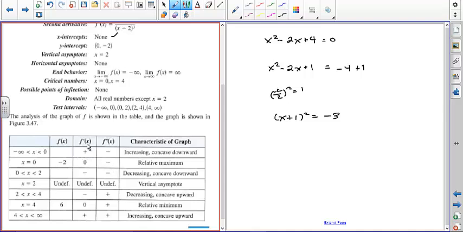Also because we go from increasing to decreasing. So both the first derivative test and the second derivative test tell us that this is a maximum. Likewise, over here, the first derivative test says we're going from decreasing to increasing, which is a valley, so that's a minimum, or because it's concave up, which is the second derivative test. So both tests tell us this is a relative minimum.